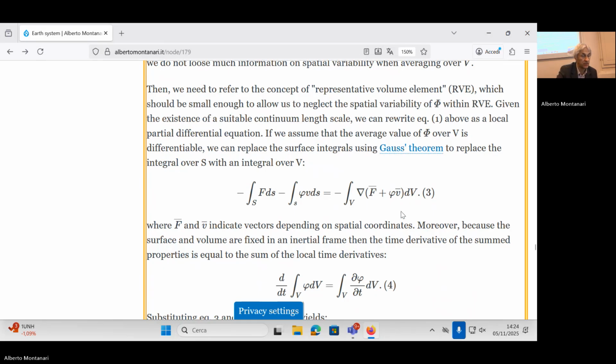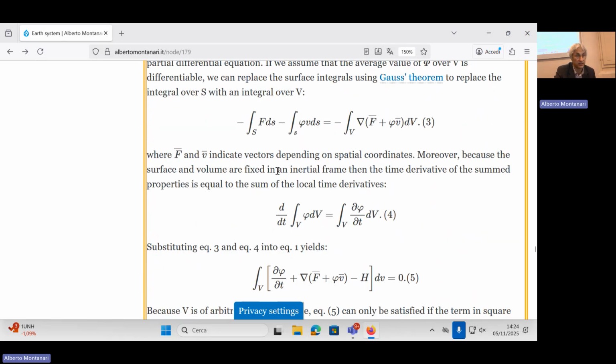Now, because we are in an inertial frame, the time derivative, and this is an independent relationship of the integral, is equal to the integral of the local time derivative, and therefore I can make this substitution.